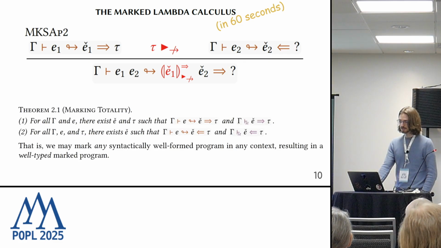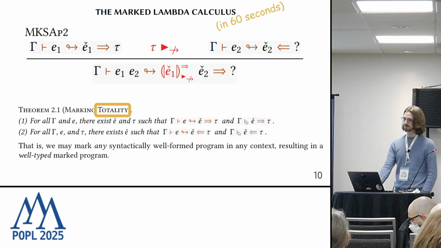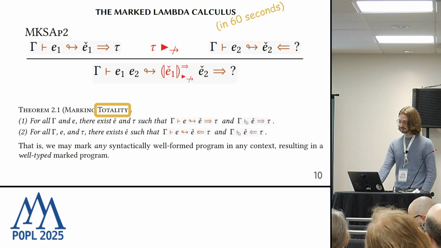OK, so those are some design choices. And the main advantage they give us is summarized in this theorem, which you don't have to read. But basically, it's totality. It's that this is a total function, and that any syntactically well-formed AST can be marked in this way, just by inserting these localized type errors in a way that respects the static semantics as defined in the paper.